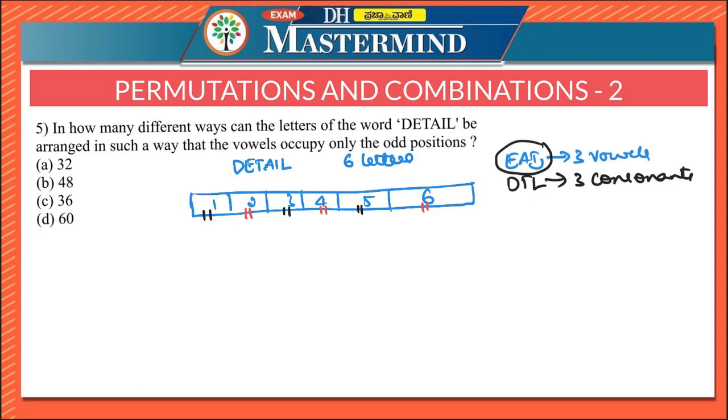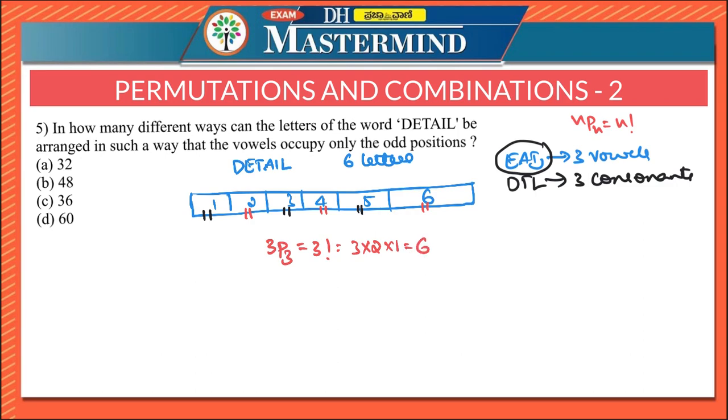So that means this is nothing but 3P3, that is 3 vowels EAI taken to fill the 3 positions 1, 3 and 5. Therefore we know that nPn, this is a standard formula you'll have to remember, nPn equals n factorial. Therefore 3P3 means 3 factorial, which is equal to 3 into 2 into 1, which is nothing but 6.